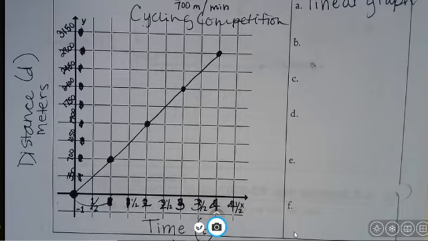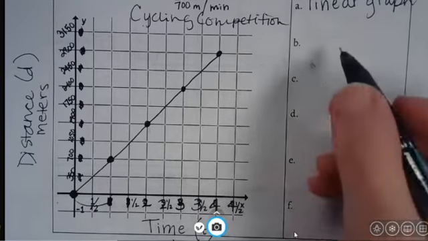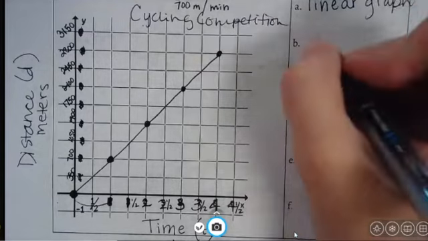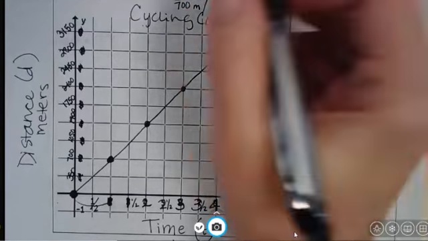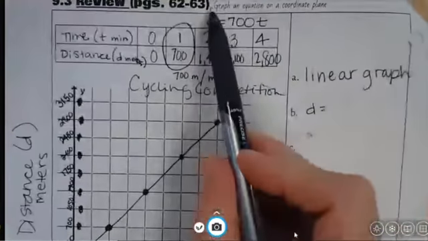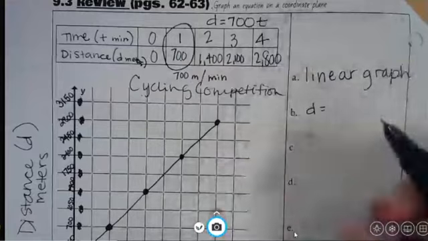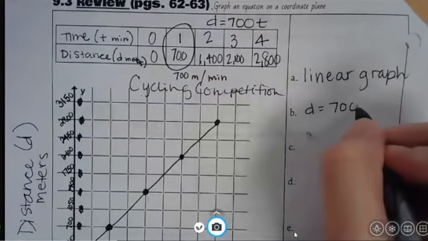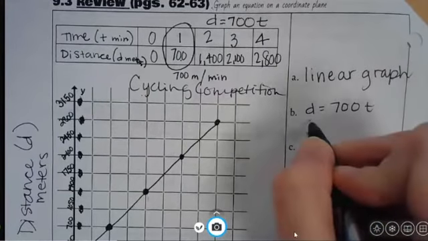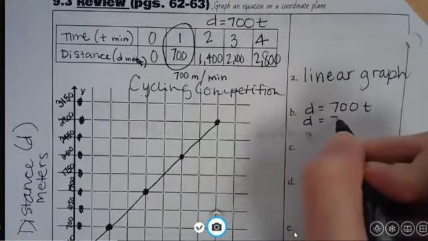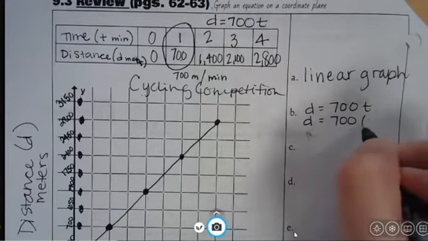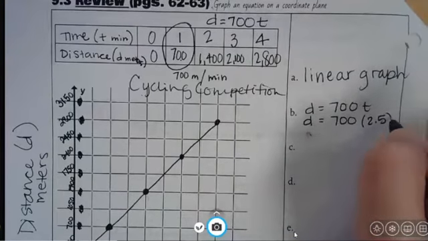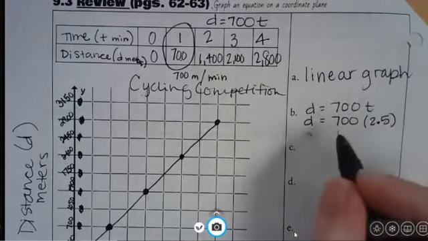Okay, and then it says, what is the distance traveled in 2.5 minutes? So I can use the distance formula for this, where I had distance equals 700 times the time. So for the distance traveled in 2.5 minutes, I would plug in 2.5 here and then multiply that.